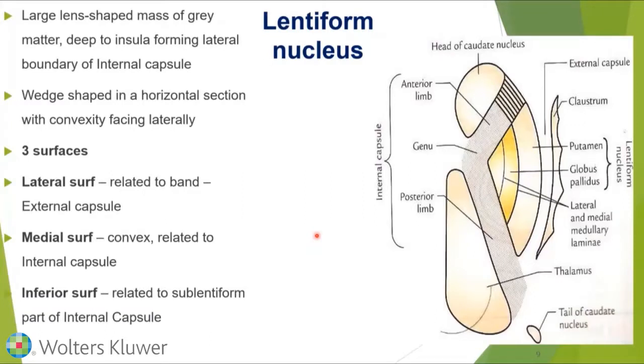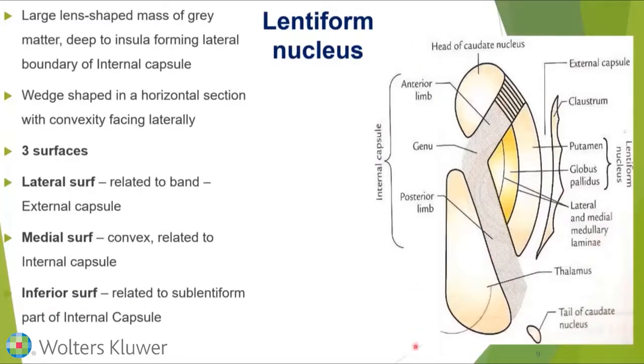In the gap between these two lips, you can see the depth of the sulcus. Within the depth, the cortical area that lies in this region is known as the insula. So this large lens-shaped mass of grey matter lies deep to insula, forming the lateral boundary of internal capsule.